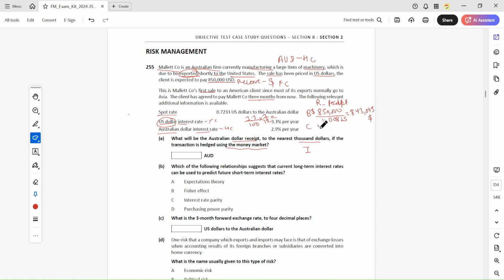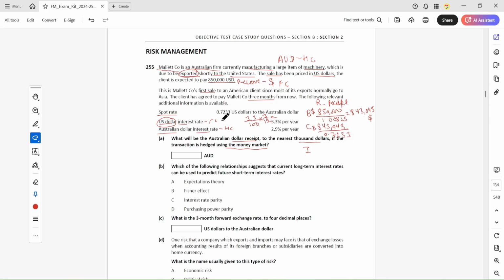So we convert this into Australian dollars at the spot rate of 0.7233.